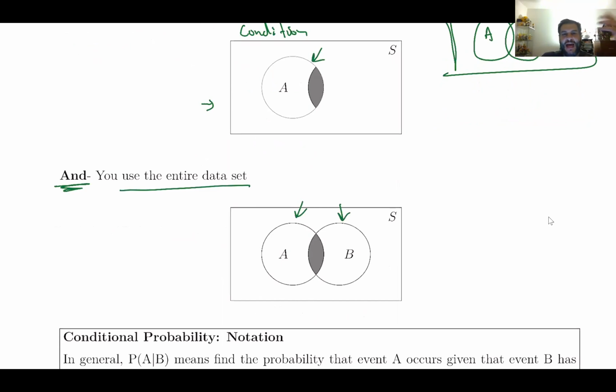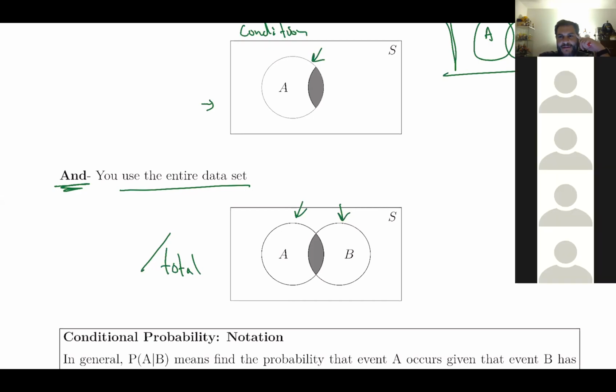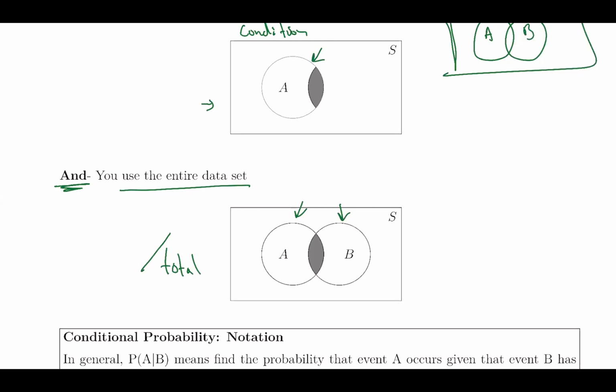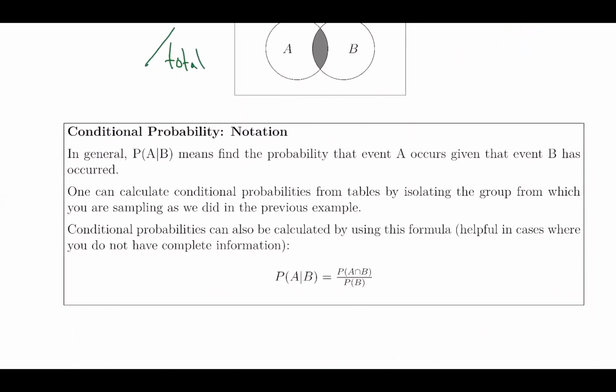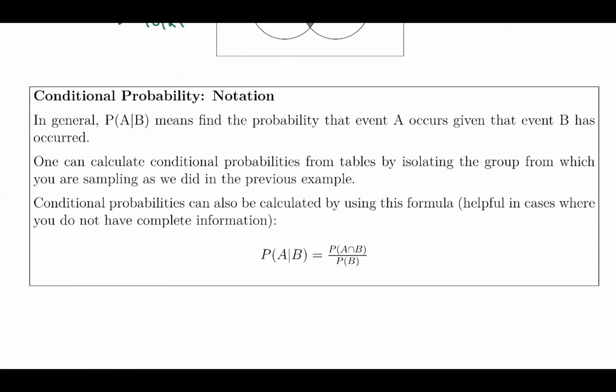So that means you divide by the total. Because you're not giving any condition, you're just dividing by the total amount of the data set. All right, so that's the AND statement. Any questions for AND? All right, so for this one, we're actually going to give you a formula for the conditional probability.